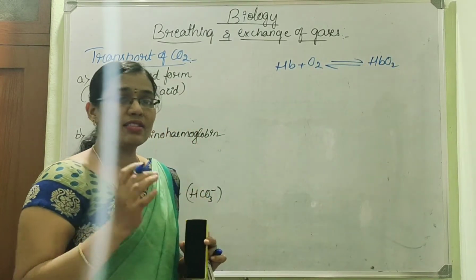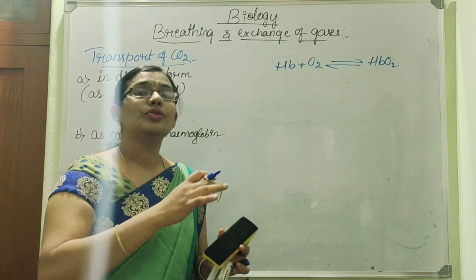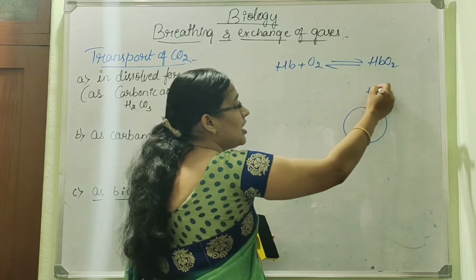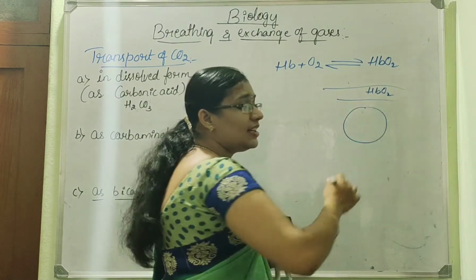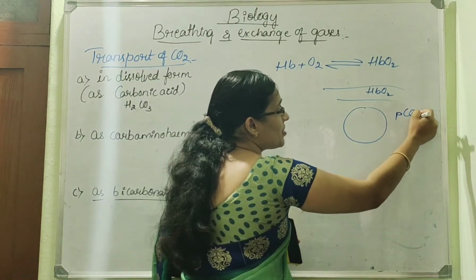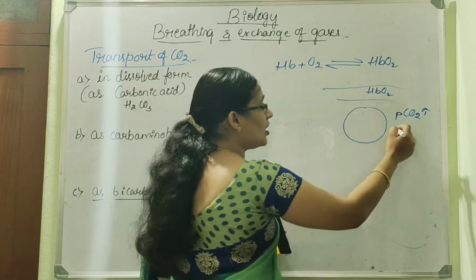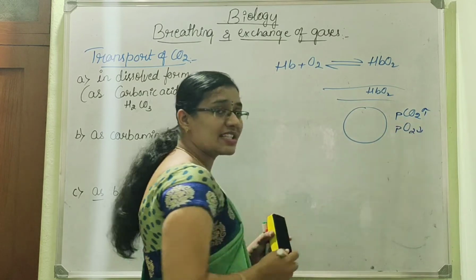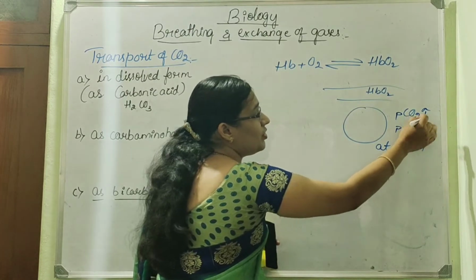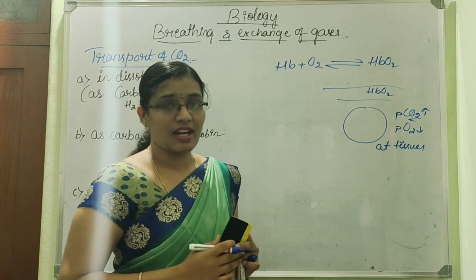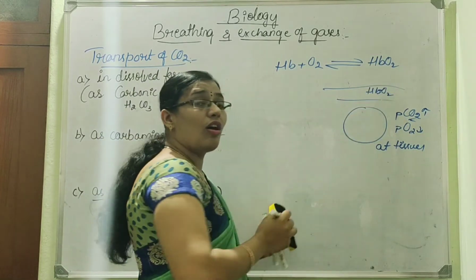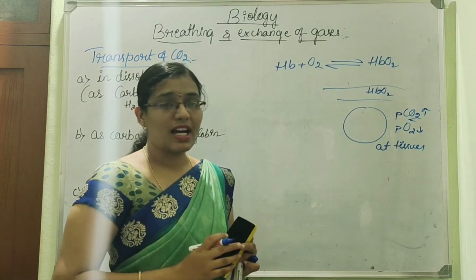And once this oxyhemoglobin is carried through the oxygenated blood to the tissues, at the tissues what happens? As the partial pressure of carbon dioxide is more and partial pressure of oxygen is less at the tissues, due to the presence of high carbon dioxide levels and low oxygen levels, the bond holding oxygen and hemoglobin becomes unstable.